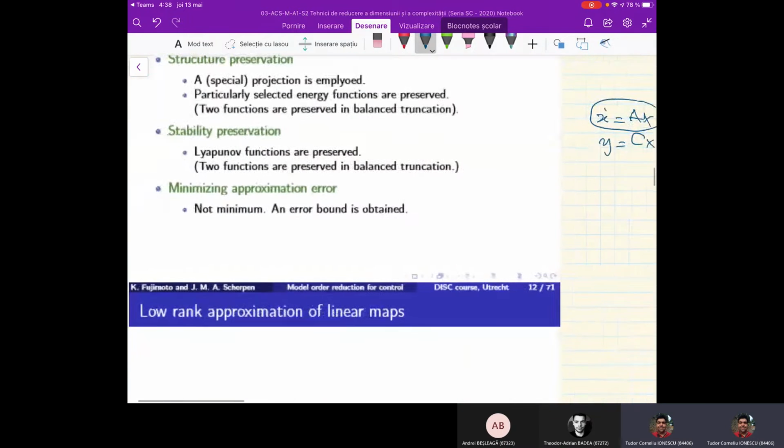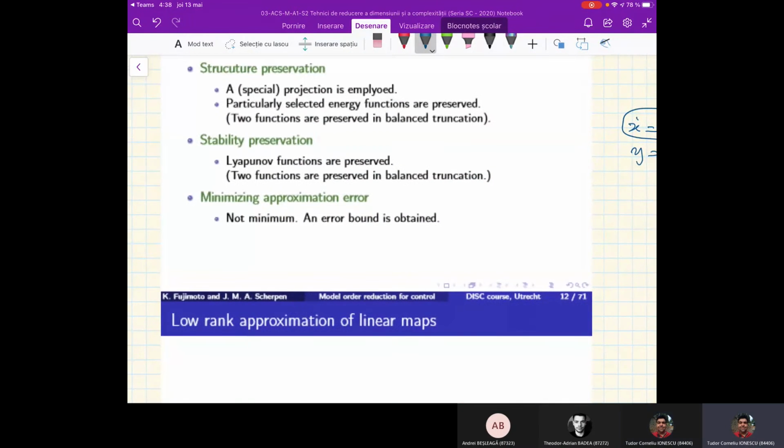So indeed, the Lyapunov functions are preserved. That's why stability is preserved in balanced truncation. Minimizing the approximation error? No, with balanced truncation we just get an error bound. That's all we have in balanced truncation.